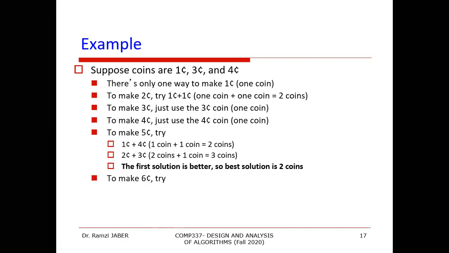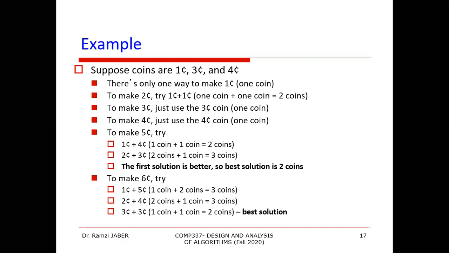To make 6 cent, try 1 plus 5, 3 coins, 2 cent plus 4 cent, 3 coins, 3 cent plus 3 cent, 2 coins. Because we have 3 cents here, to get 6, we only need 2 coins. Best solution. Okay? Etc. Any question for now? We still have 4 minutes.